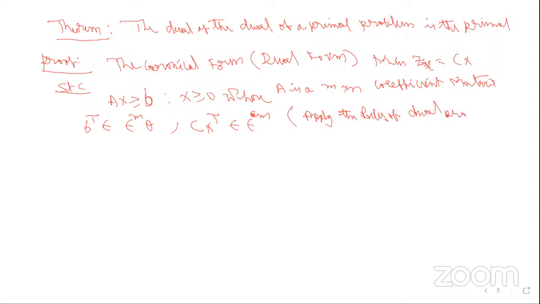Dual problem: max zy equal to b transpose y, subject to constraints, A transpose y less than or equal to c transpose, where y is greater than or equal to 0.